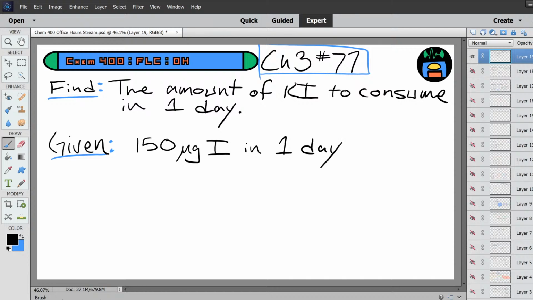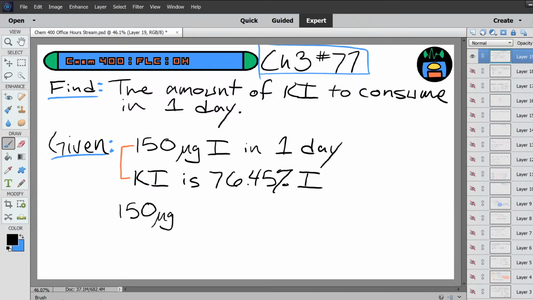And they tell us that KI is 76.45% iodine. All right? So that means if we take these two things together, we need to eat 150 micrograms of iodine.